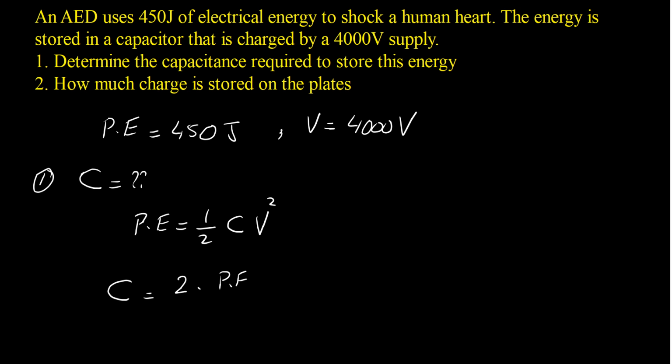okay, and after that I'm rearranging my formula, so the capacitance will equal 2 multiplied by the potential energy divided by the squared voltage. It will be 2 times 450 divided by 4000 squared.